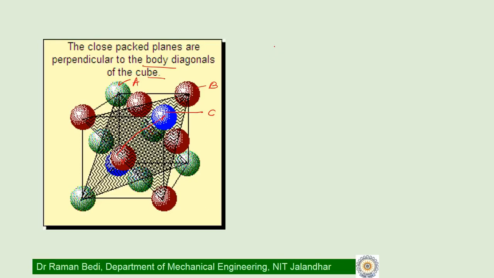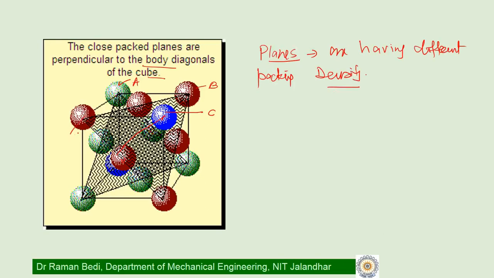Right now we are saying that the planes that you see here have different packing density. What I mean by that is, if you look at the front face of this cube, the atoms are arranged something like this.